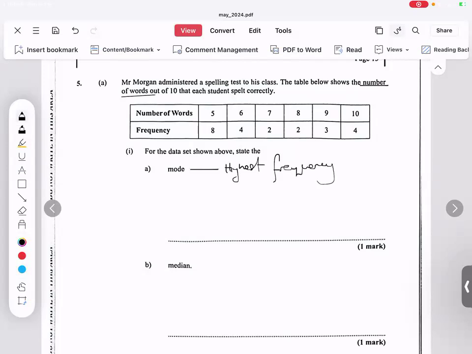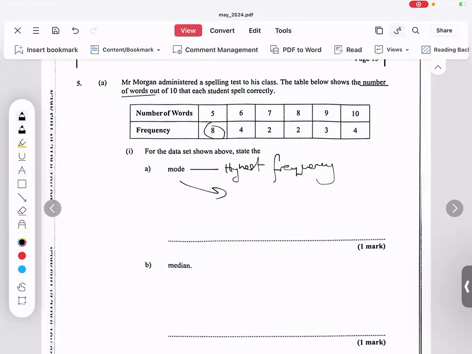All right. So you have to be very careful when they ask you for the modal number of words or the mode. For this case here, the mode is actually 8. They have a way where they will ask you for the modal number of words spelt or the mode.